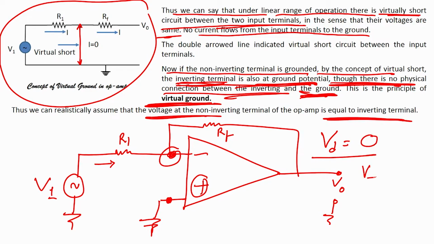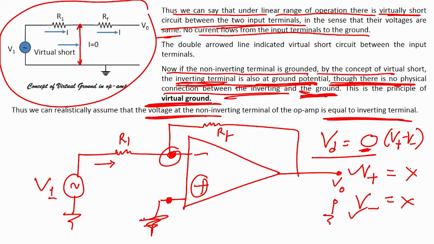Suppose V inverting and V non-inverting are the same, this is x, this is also x, and Vd is nothing but V plus minus V minus, x minus x, same value. So, this will be 0. If this is 0, that means I am assuming that V plus and V minus are connected. If V plus is grounded, then V minus is also called virtual ground. This is the concept of virtual ground.